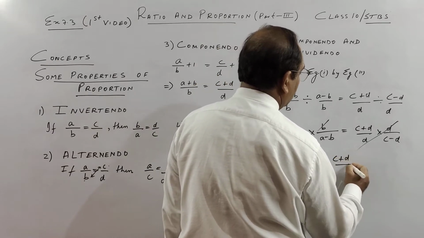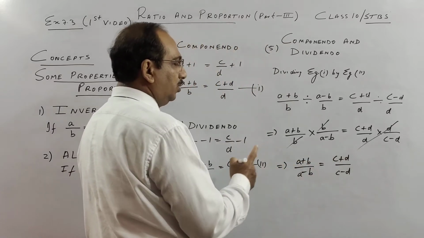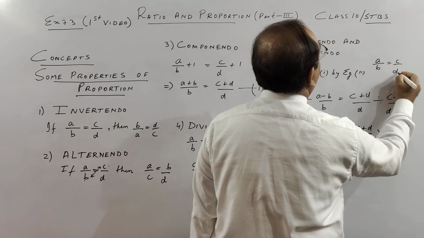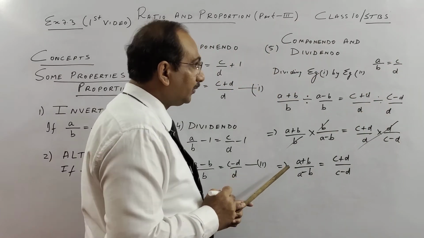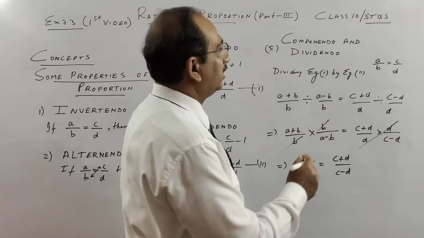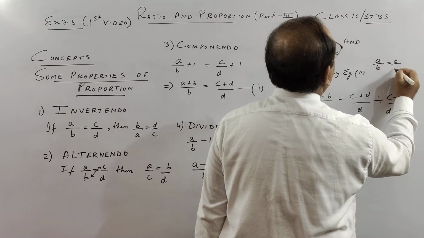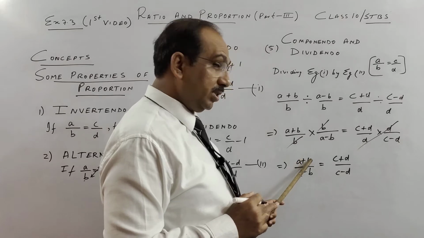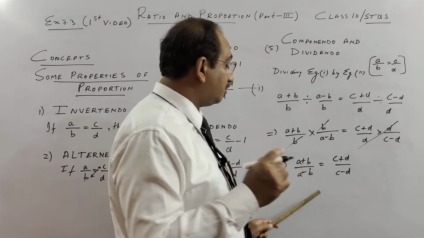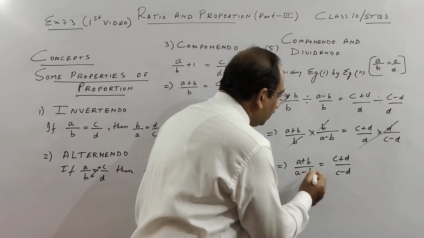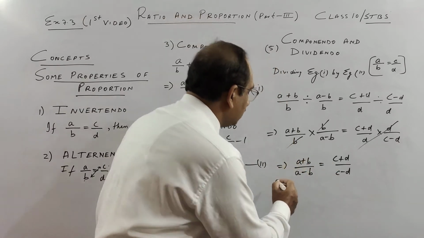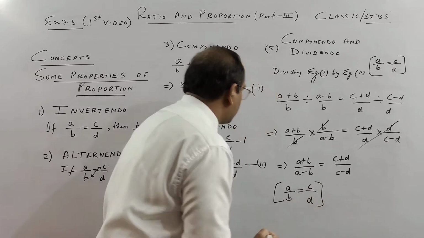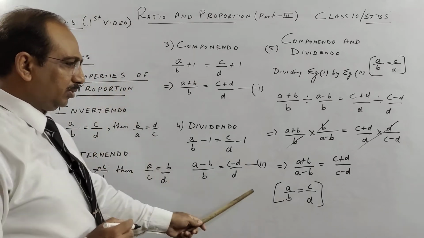When two ratios are equal, when A by B is equal to C by D, then A plus B upon A minus B. See here, numerator plus denominator, and listen here, children, this is A minus B, not B minus A. This is my original ratio, A by B is equal to C by D. This is the property of proportion when two ratios are equal.